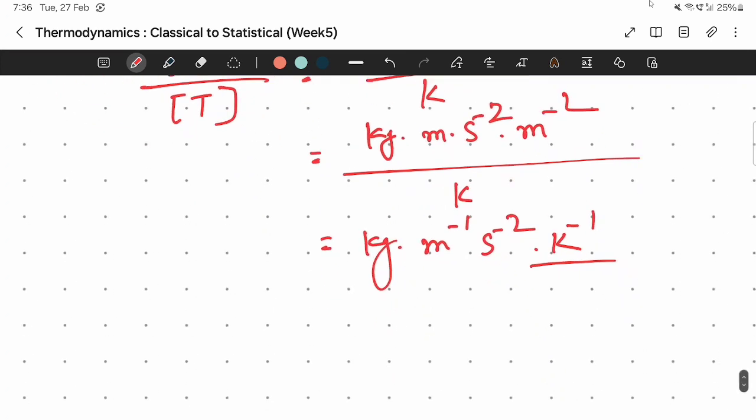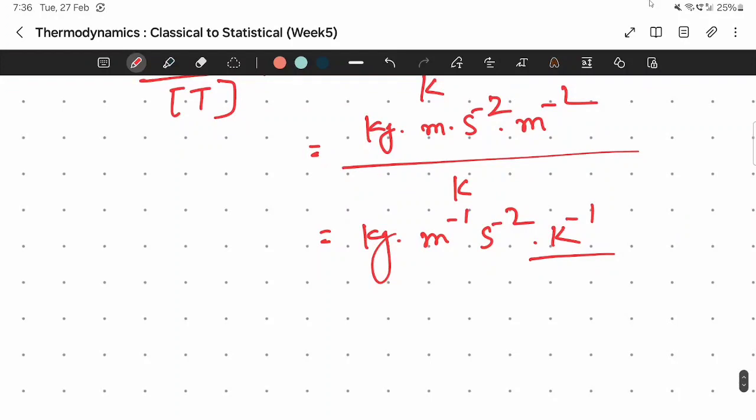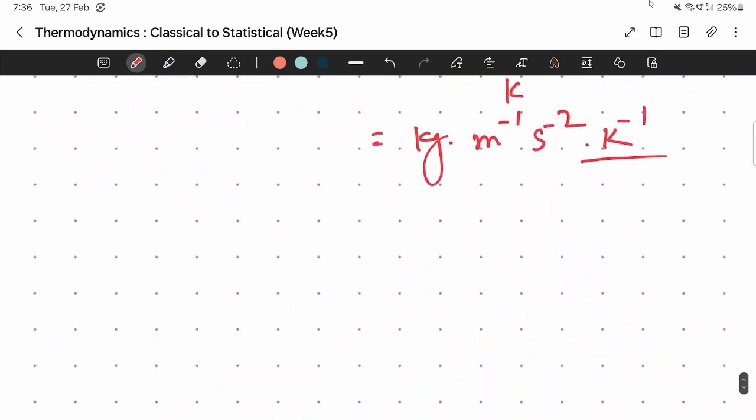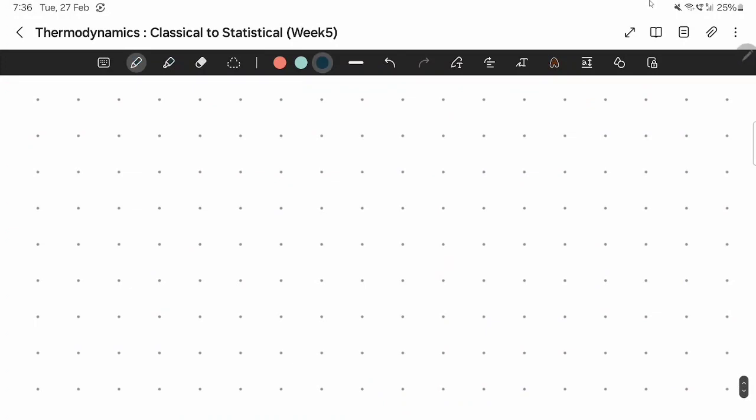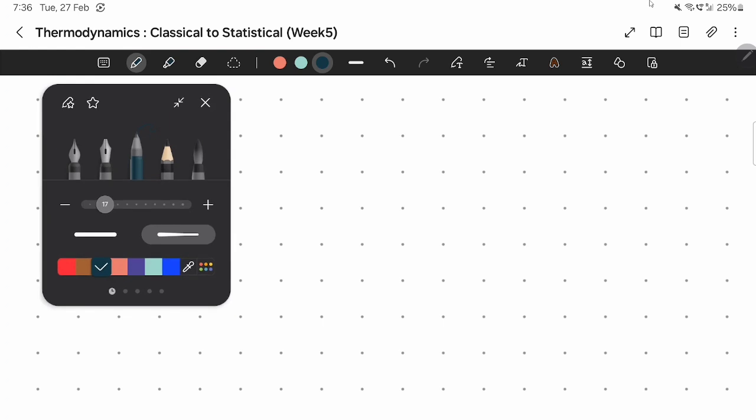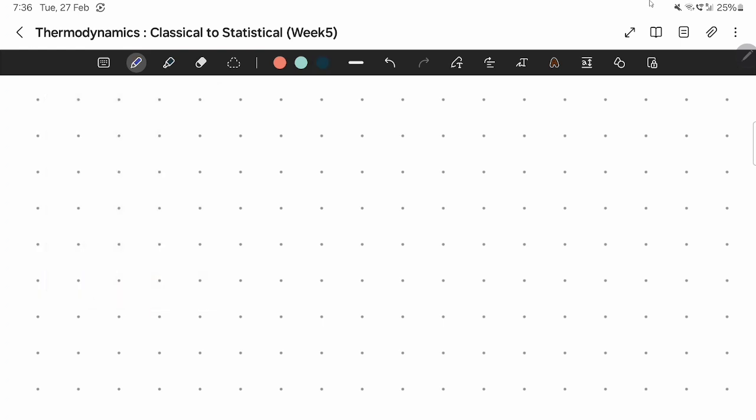But let me check again. If it is correct, then I will discuss it in S plus. If it is wrong, then I will discuss the probable correct form. The numerical values are correct because the answer is coming out matching with option C or D, I forget, but still.